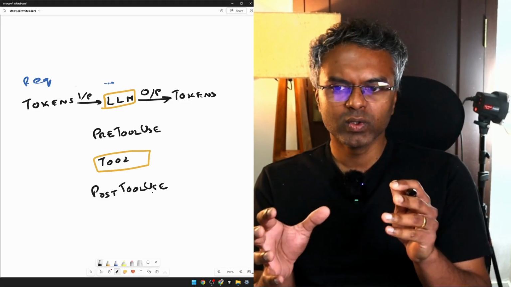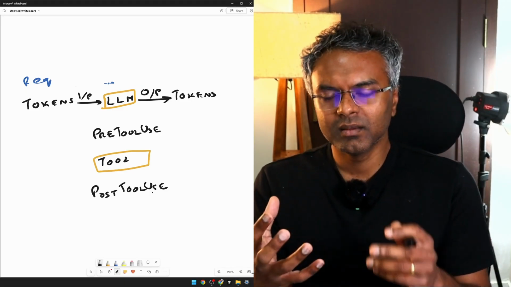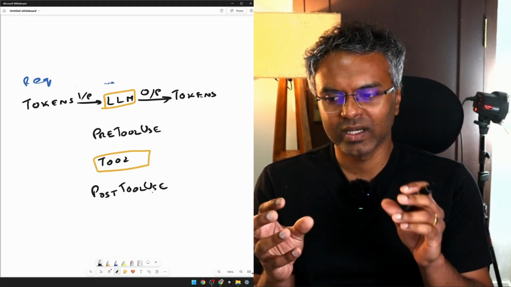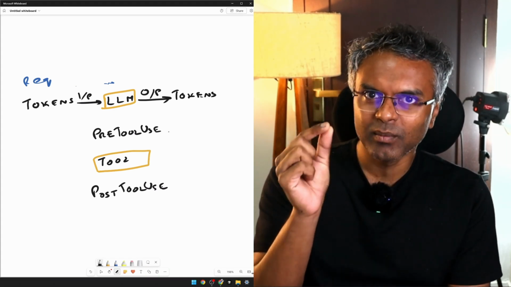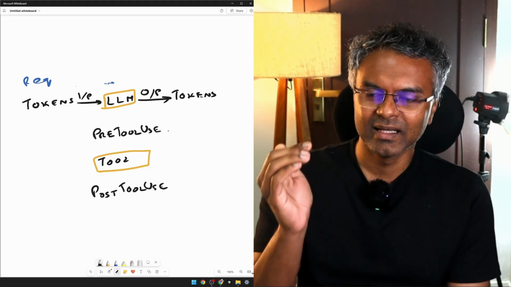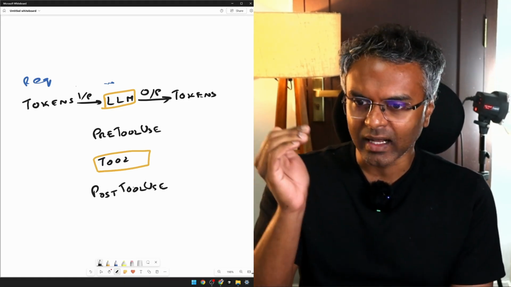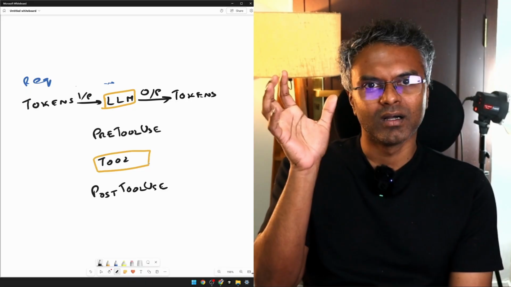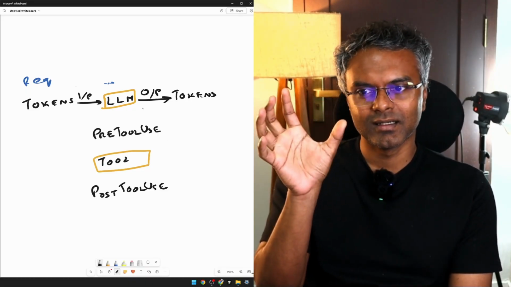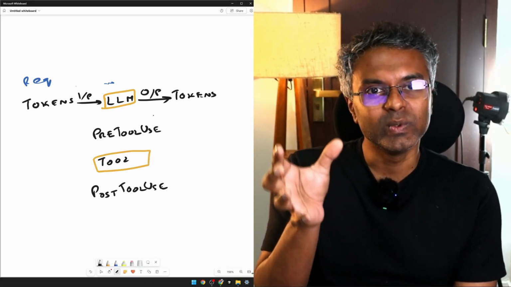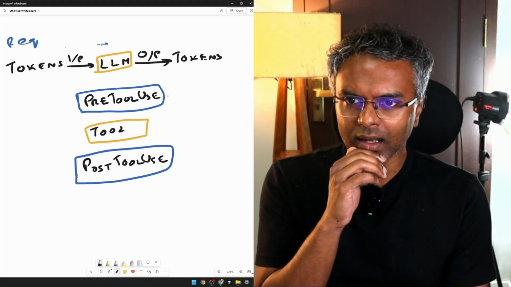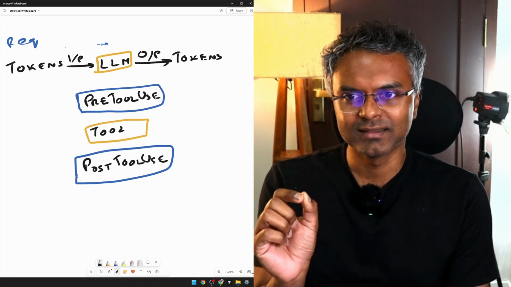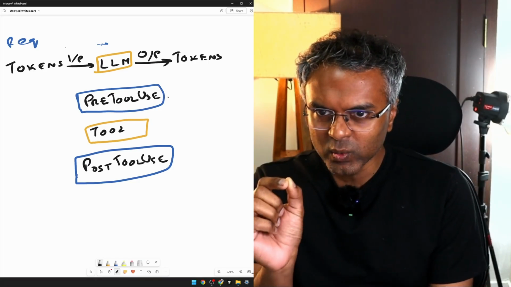Claude Code basically provides this feature where you can attach these hooks at certain events: before tool use, after tool use, and maybe once the agent has completed a particular task.